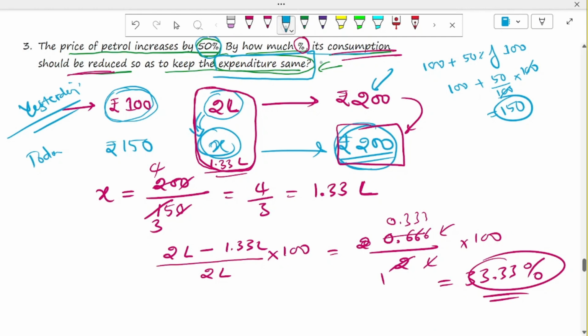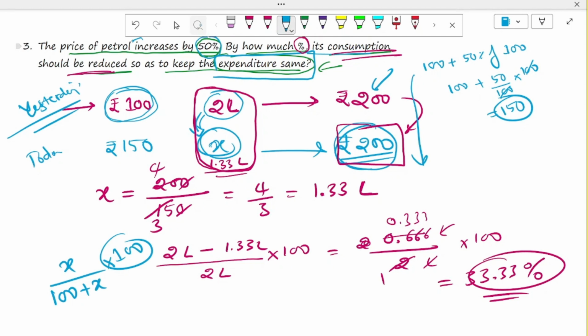So I'll give you the shortcut method to solve this question. It is exactly the same as the previous question. If you see, the shortcut method is same. x divided by 100 plus x into 100.